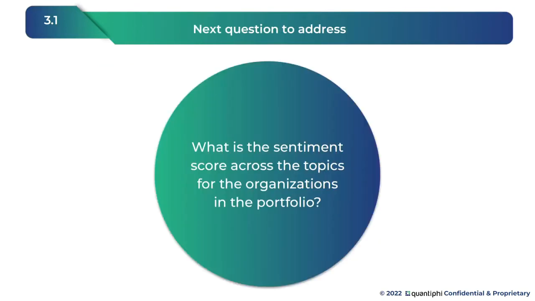The other question that was then important to understand, how positive these companies were trending in terms of their ESG metrics, was what is the sentiment score across topics for organizations in that portfolio.